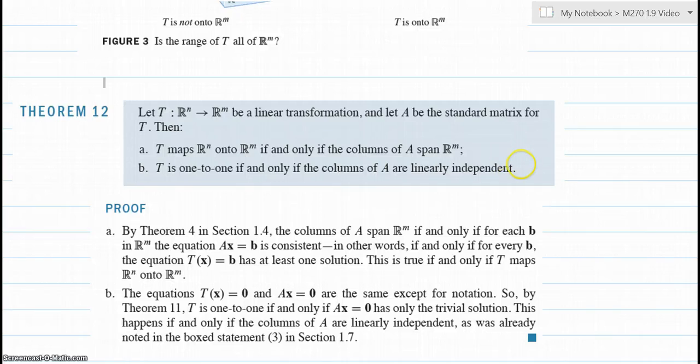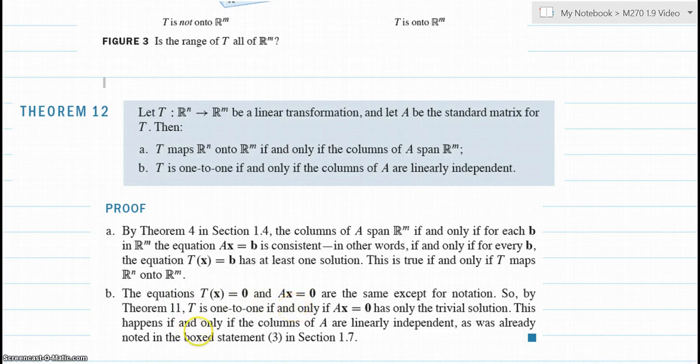And by the way, the linearly independent part comes from the definitions that we saw in 1.7. The equation T of x equals 0 and Ax equals 0 are the same.